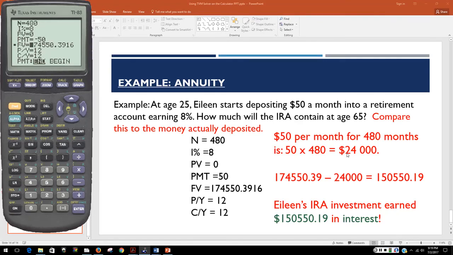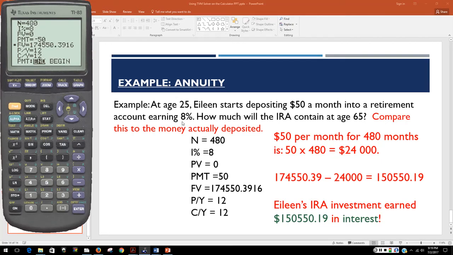So really only $24,000 of that money was money she paid into that account. The remaining $150,550.19 is interest on her investment. So really, yeah, go Eileen. She really had a good investment.